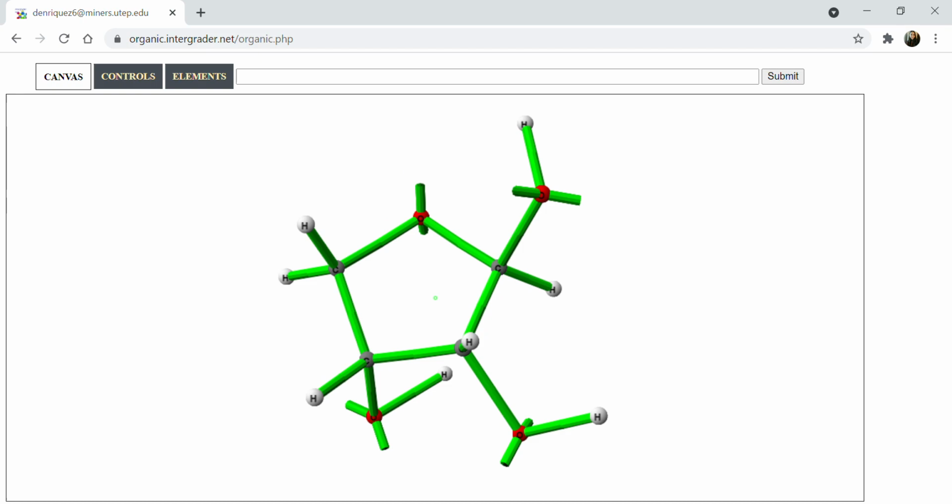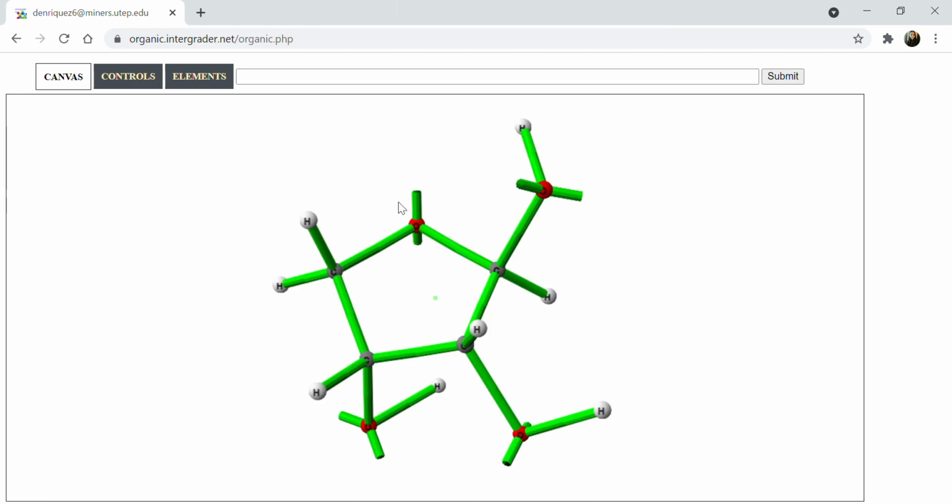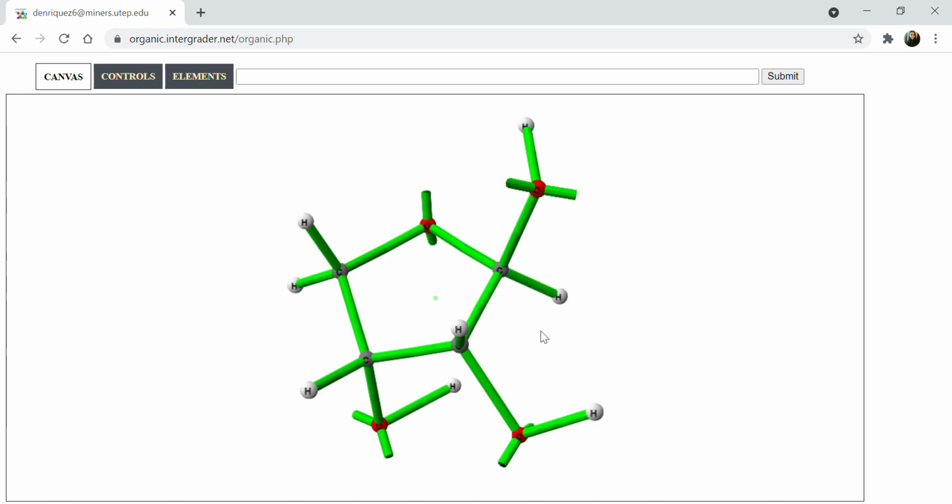I don't know if this is D or L, to be completely honest. Either way, these are on the same side, so I'm thinking it's erythrose.